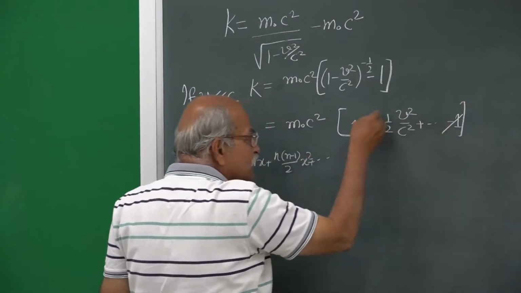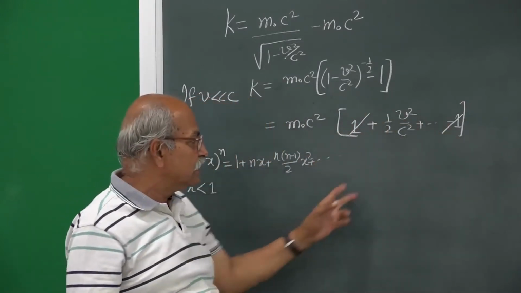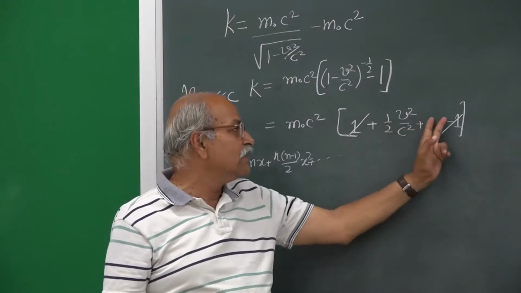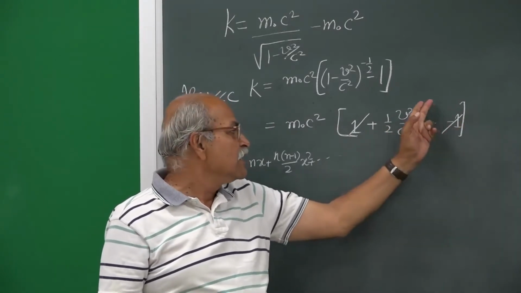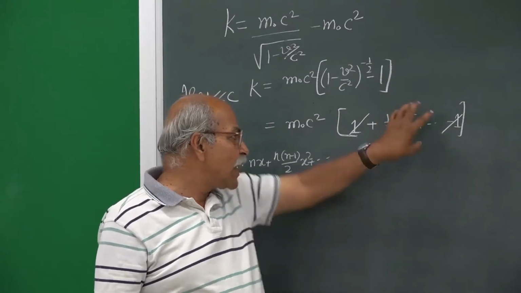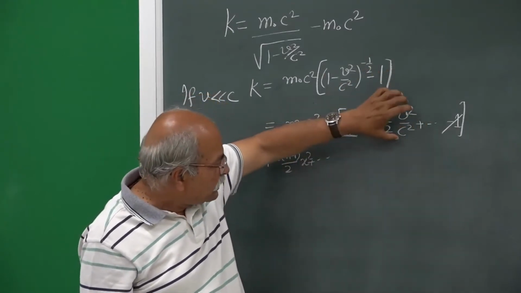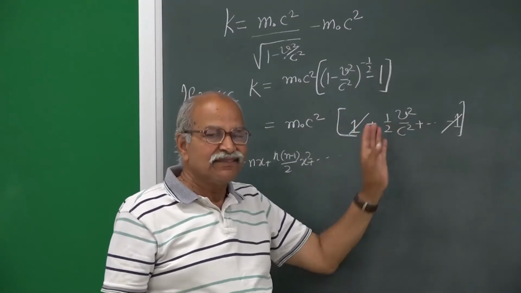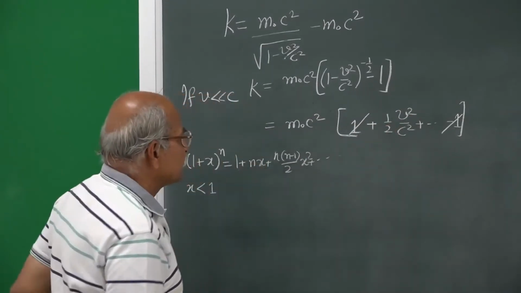So, this minus 1 cancels with this 1, but this remains, and therefore, we need not write any other term. The next term will be v to the 4 by c to the 4, the square of this, which is already small. So, the first non-zero term we retain, that is the way we do approximations.